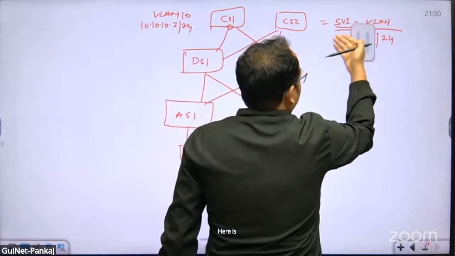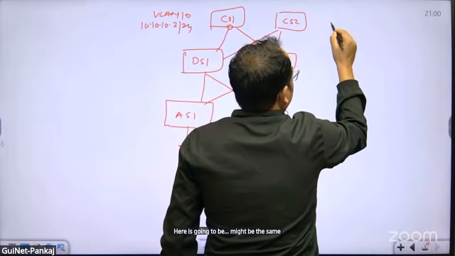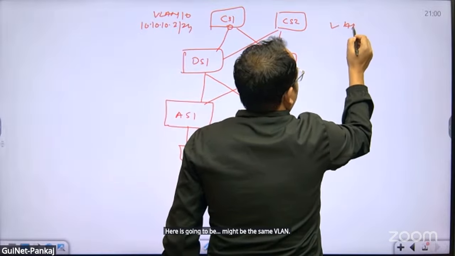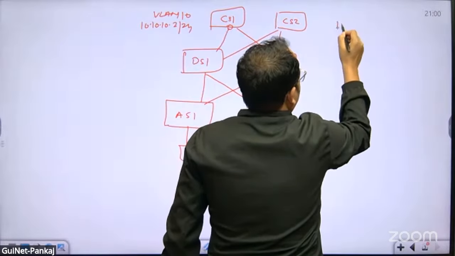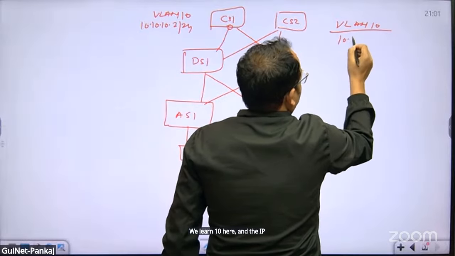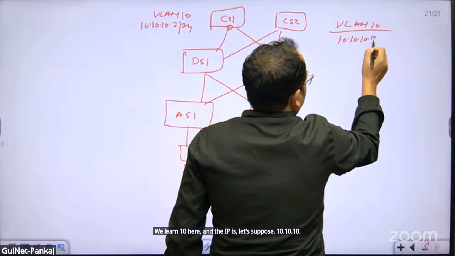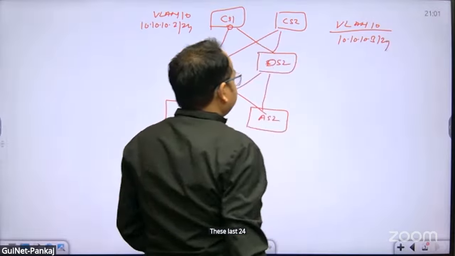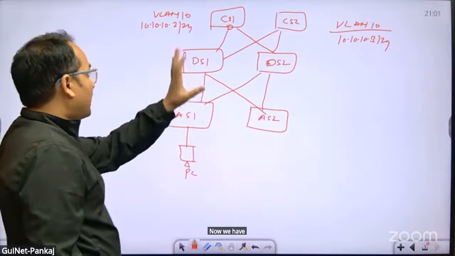Here might be the same VLAN 10, and the IP is, let's suppose, 10.10.10.3/24 here. Now we have the upper layer, the WAN is connected.